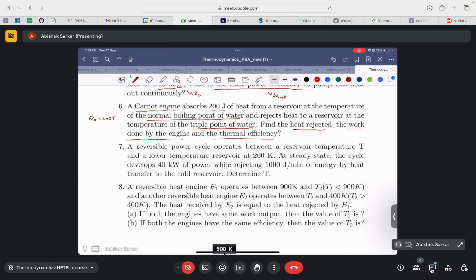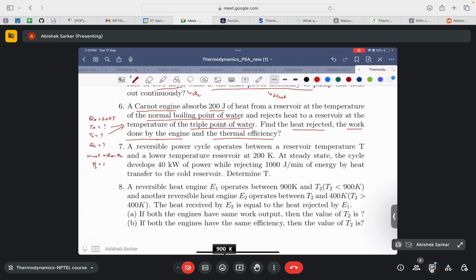TH is the normal boiling point of water, and TL is the triple point of water. You need to find the heat rejected, QL, and the work done by the engine, W net. Once you find QL, W net can be easily found. It is QH minus QL.